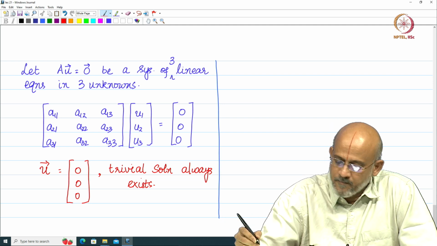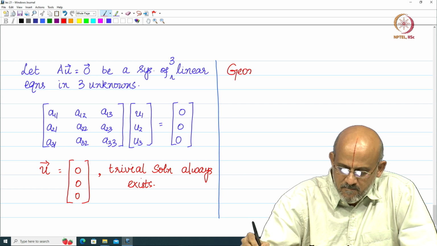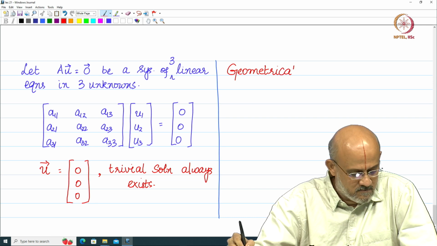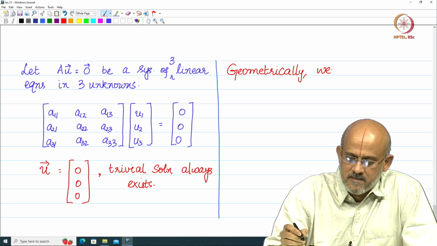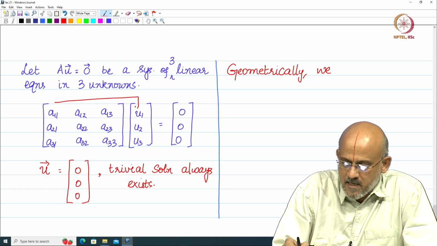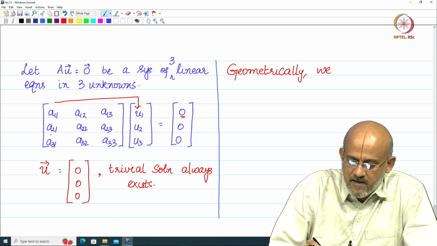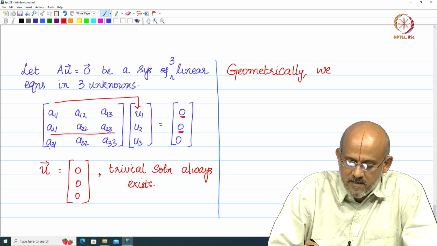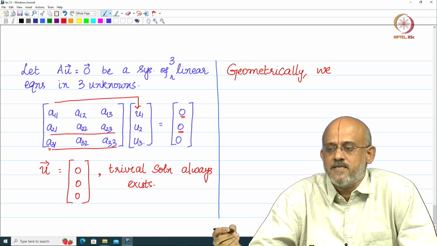So what are we looking for geometrically? If you read the equation this way, it is a11 u1 plus a12 u2 plus a13 u3 is equal to 0. Similarly, we have a21 u1 plus a22 u2 plus a23 u3 is equal to 0, and similarly a31 u1 plus a32 u2 plus a33 u3 is equal to 0.